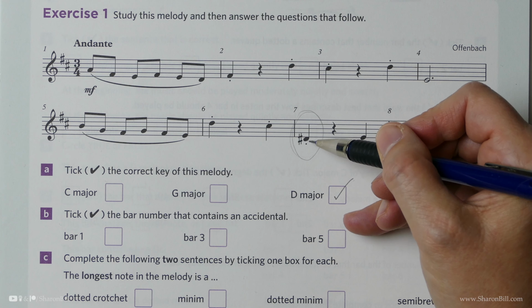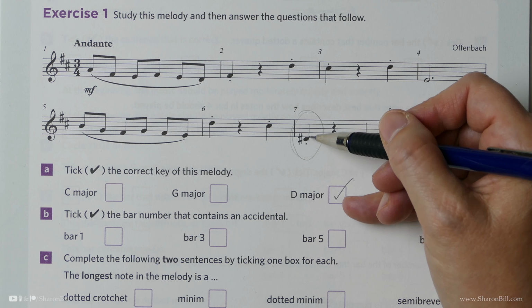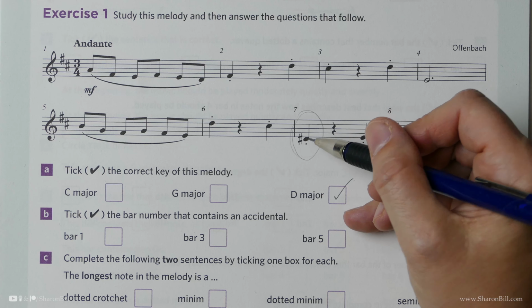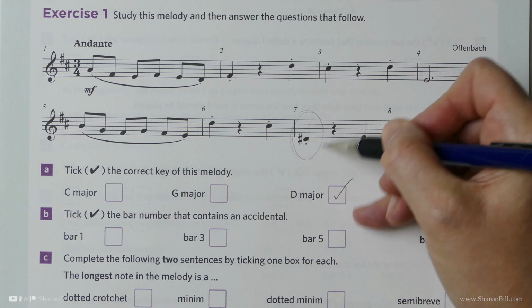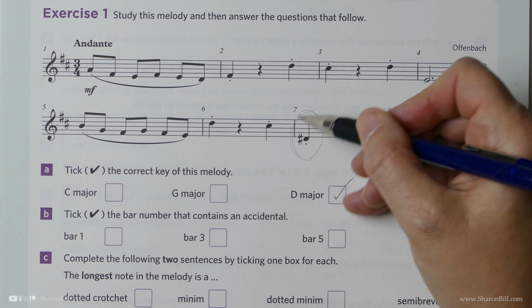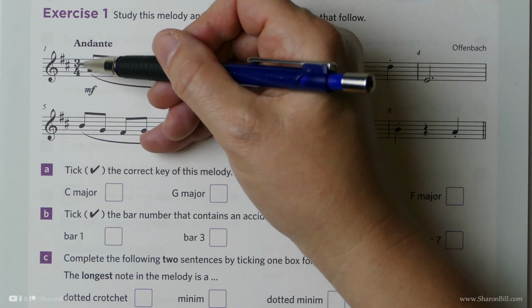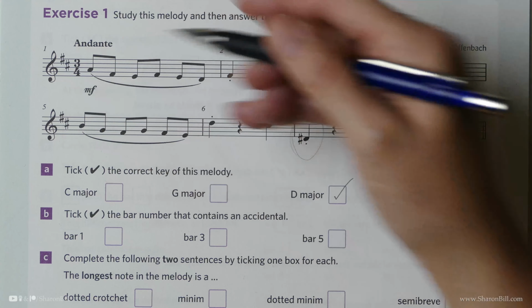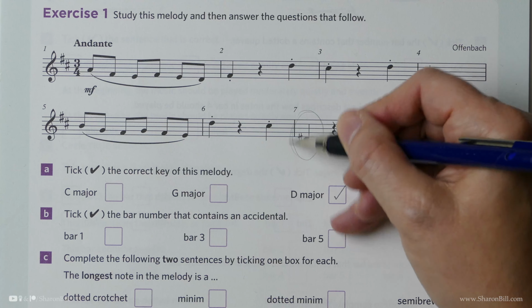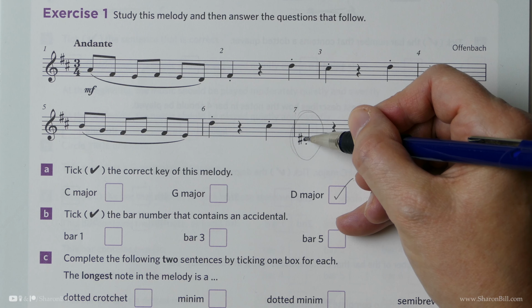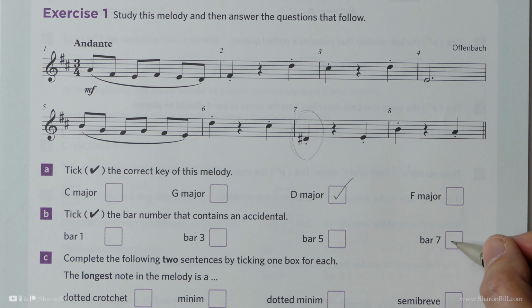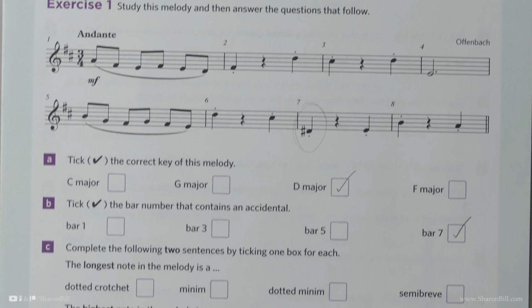However, a composer is quite within his rights, or her rights, to deviate to create some little chromatic harmonic alterations just to create the effect that they are after. Principally the key of the melody remains the same, we've just had a little bit of an alteration here. So bar 7 we have an accidental, so we can just go ahead and tick that.